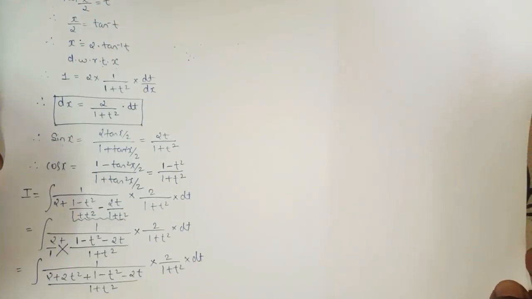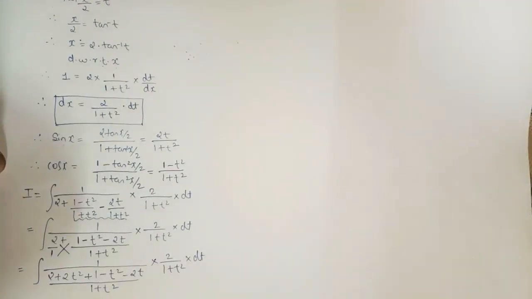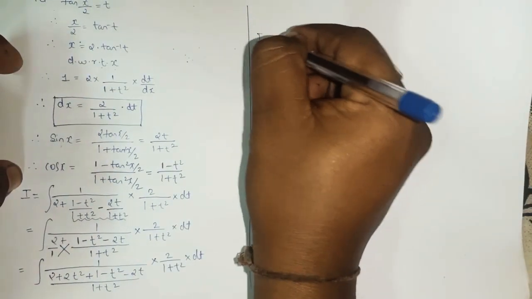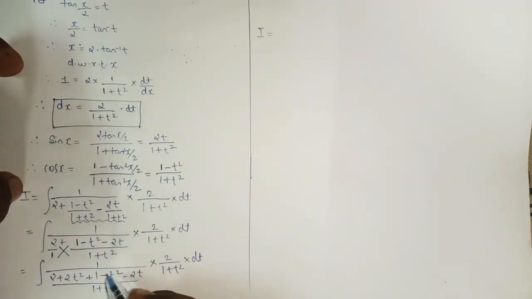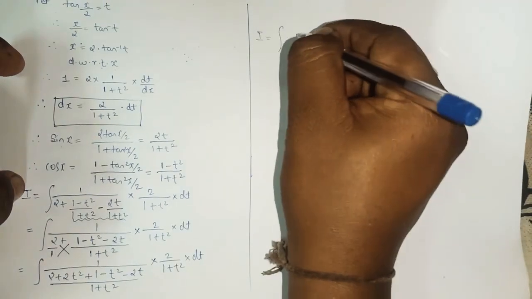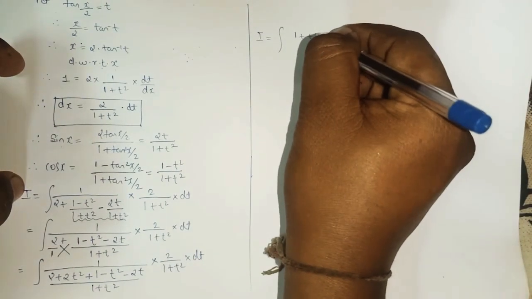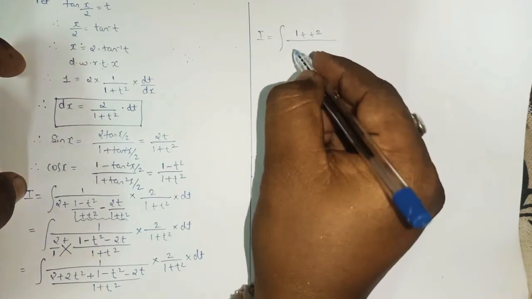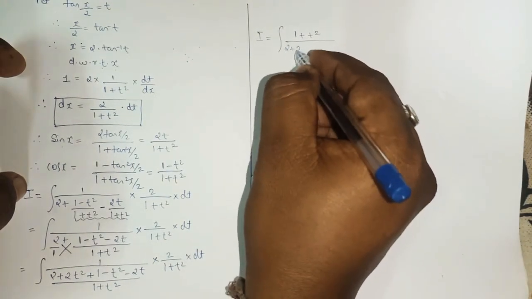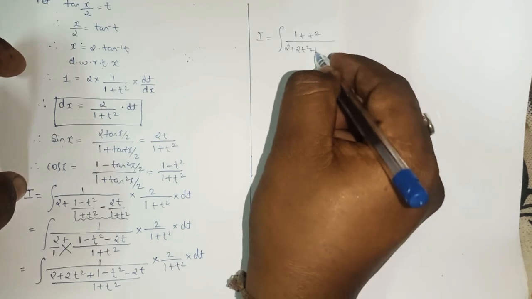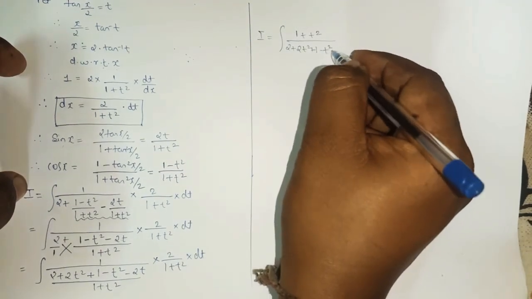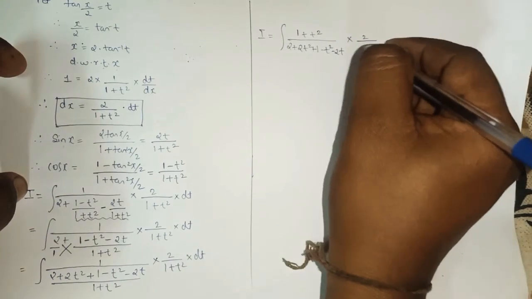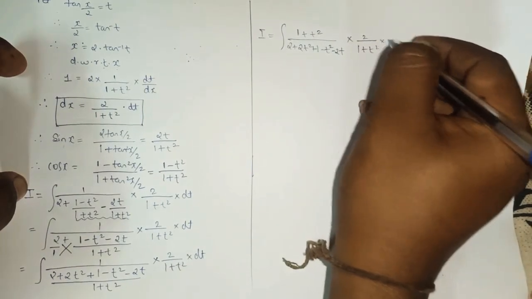Okay, so next step, what will be the next step? We'll see. After this we'll write what? I equals to, this will go up in the numerator, so this will be 1 plus t square upon 2 plus 2t square plus 1 minus t square minus 2t into 2 upon 1 plus t square into dt.